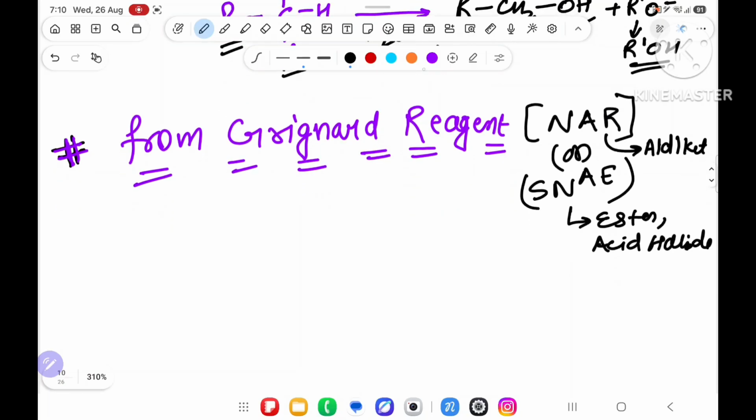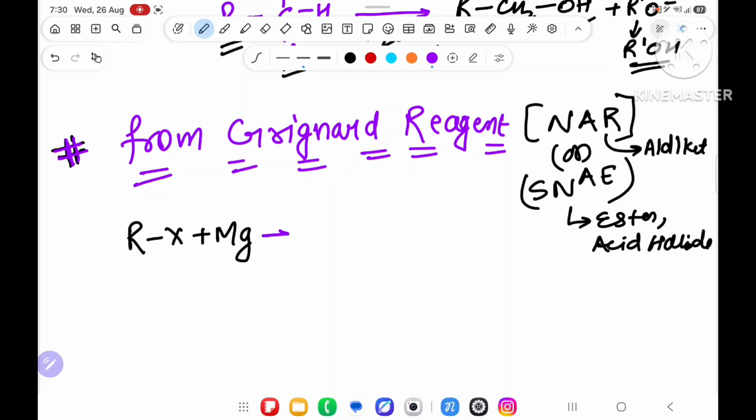First of all, you already know that Grignard reagent is RX plus Mg. I have dictated Grignard reagent in one shot, but don't worry, those who have not seen will be able to understand it.